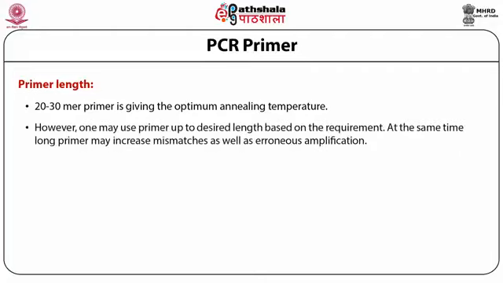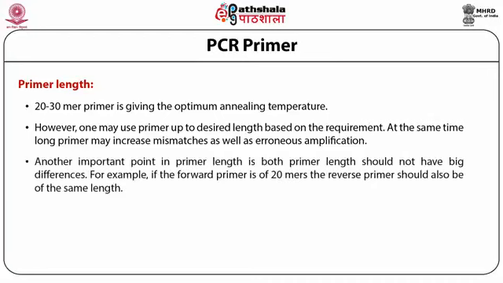However, one can use the desired length of primer, but at the same time one should also look at the efficacy of that primer in terms of annealing temperature, and second, it should not cross the elongation temperature.